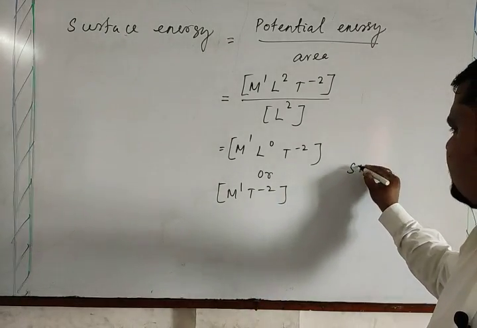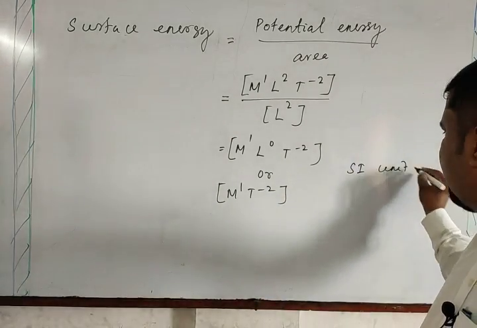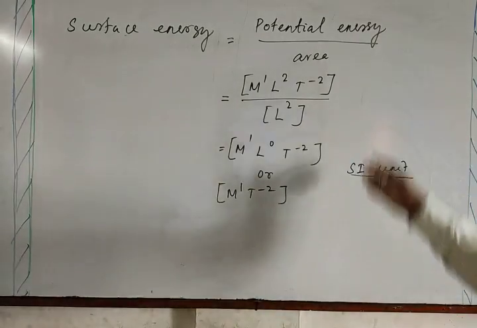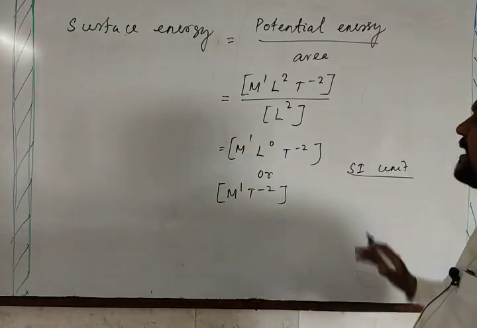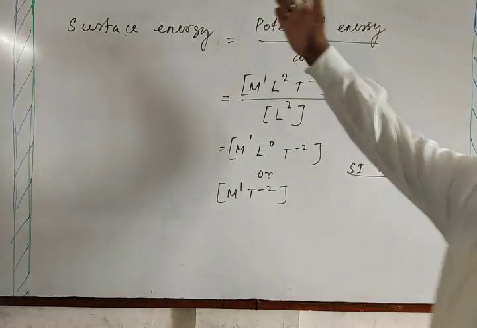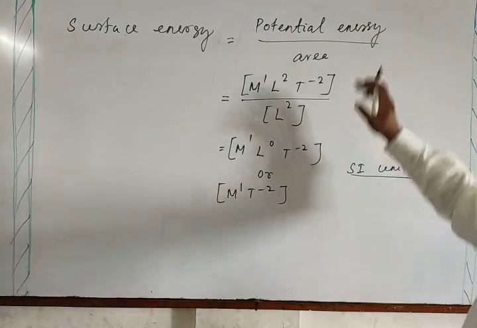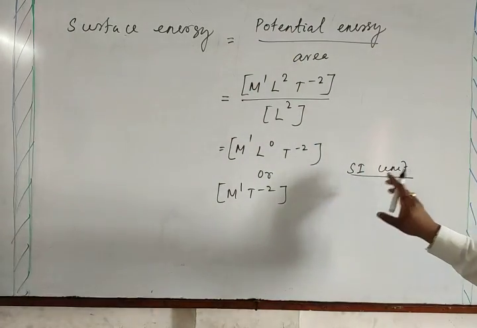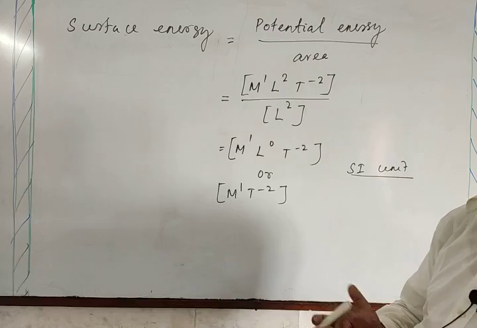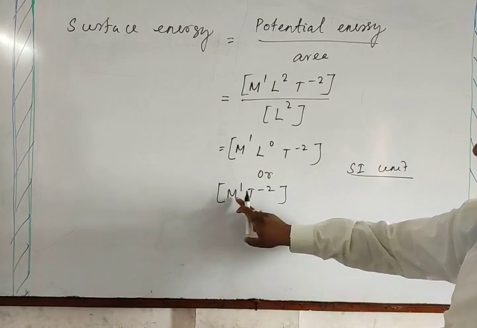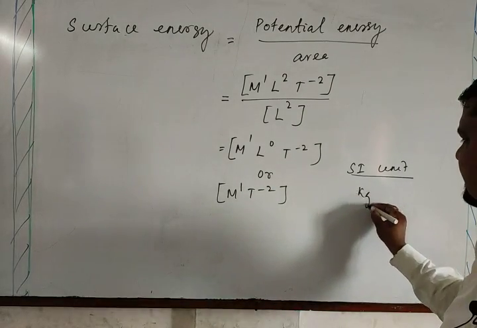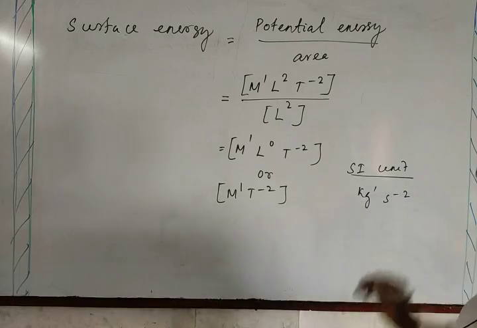Now if you go for the SI unit, I am not writing in column form as in the last video, I will go one by one, writing on the side. The SI unit, from here you can say, is kg s minus 2.